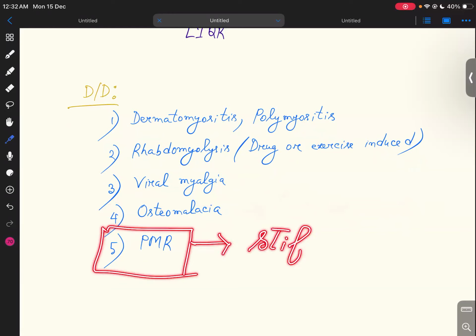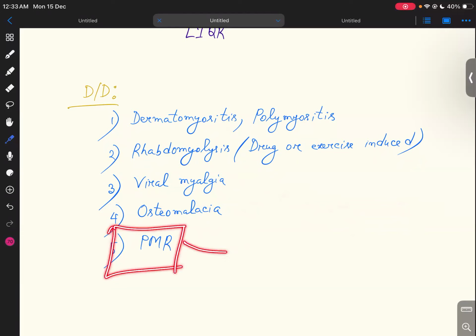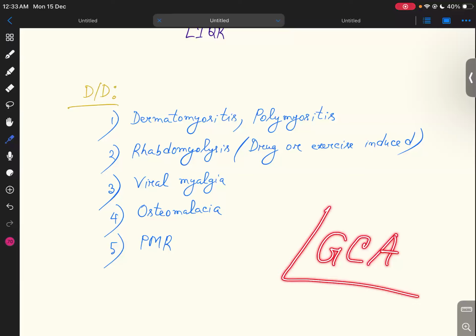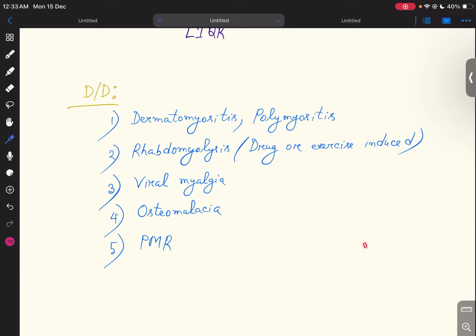And can anyone tell me what is the important associated disease for any case of polymyalgia rheumatica? We have to rule out giant cell arthritis. And in the PACES exam, typically it will be there, and the examiner will see whether you are ruling out the association of giant cell arthritis for this case.